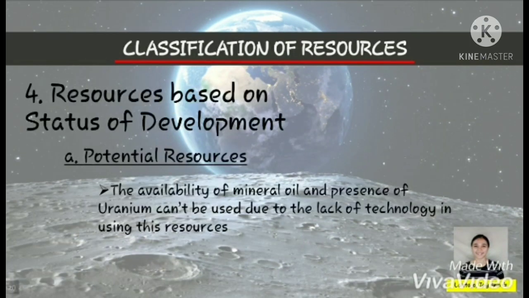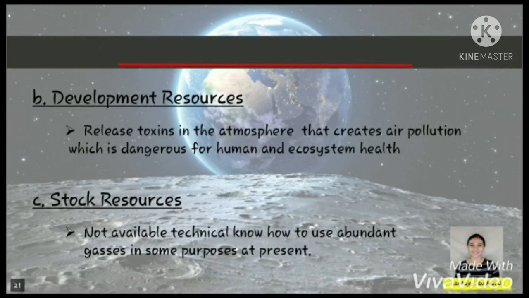Fourth is resources based on status of development. A, potential resources: the availability of mineral oil and presence of uranium cannot be used due to lack of technology in using these resources. And B is developed resources: release toxins in the atmosphere that create air pollution, which is dangerous for human and ecosystem health.